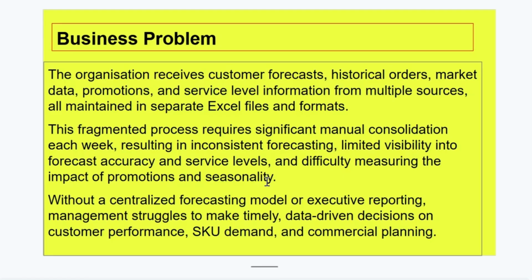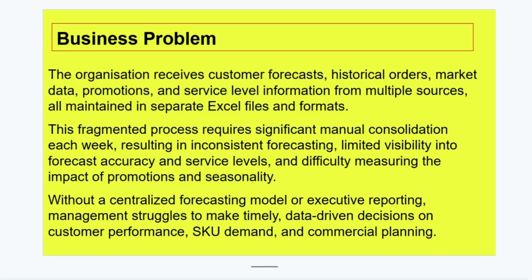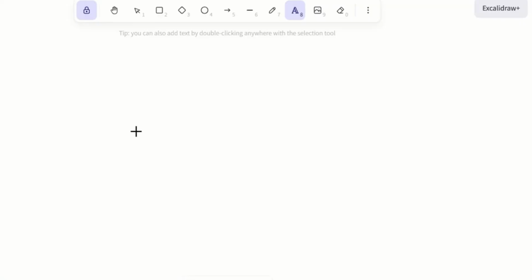So let's break this problem down into a simpler form. Here we have this company called Flamingo. Flamingo is selling its produce to clients.